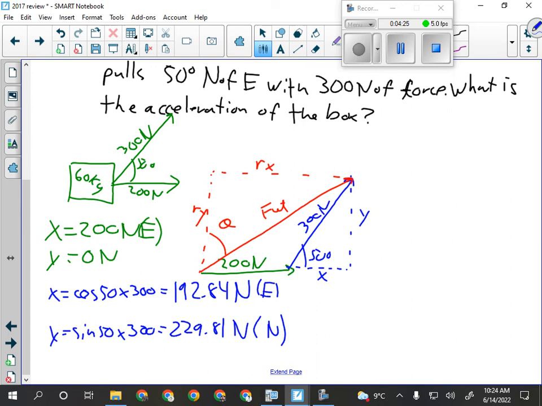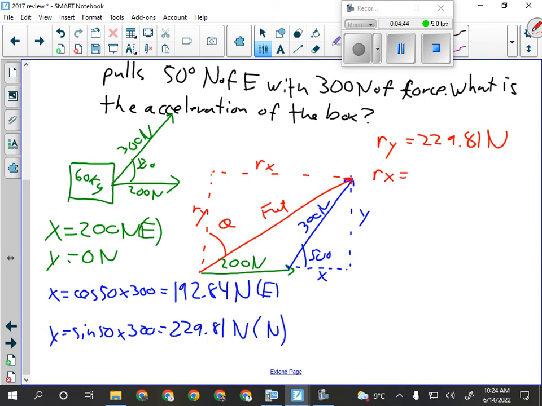Now we can find out what our Rx and Ry are. Ry is going to be really easy, because there's only one part of the trip where it goes north. So Ry is the same as blue y, 229.81 newtons.